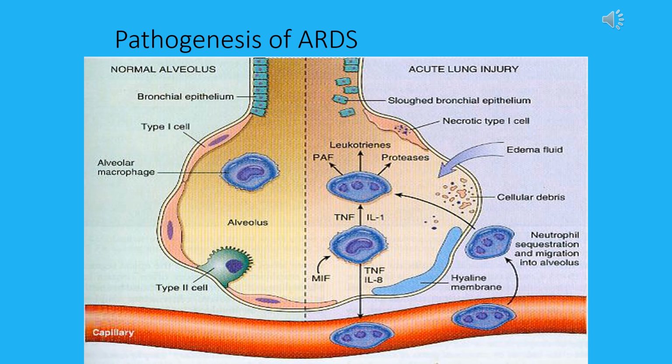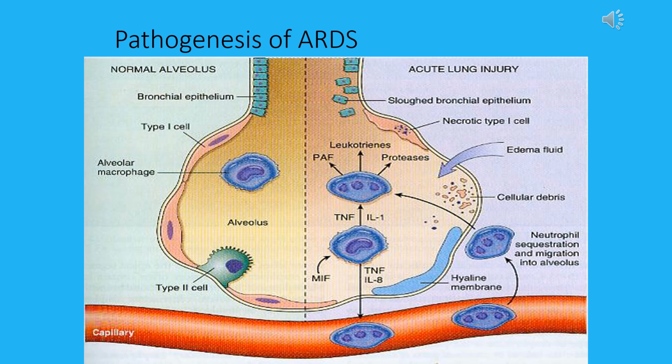In the acute phase of the syndrome, seen on the left-hand side of the diagram, there is sloughing of both the bronchial and the alveolar epithelial cells, with the formation of a protein-rich hyaline membrane on the denuded basement membrane. Neutrophils are shown adhering to the injured capillary endothelium and marginating through the interstitium into the airspace, which is filled with protein-rich edema fluid.